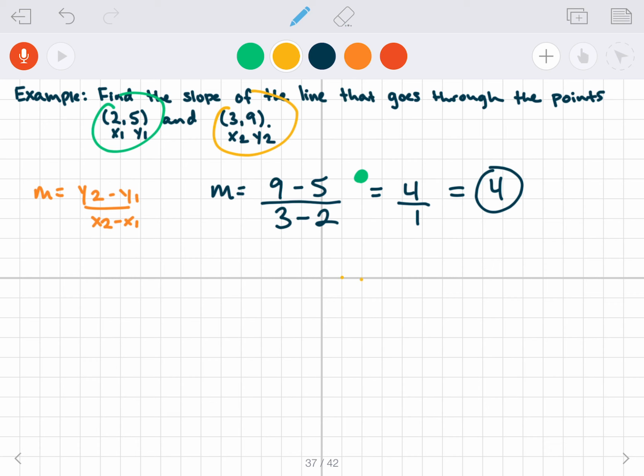So 1, 2, 3, 1, 2, 3, 4, 5, 6, 7, 8, 9, way up here. Okay, so those are the points. And if I do rise over run, I go up 1, 2, 3, 4, so up 4, and then I run 1. So that is plus 4 over plus 1, same thing as a formula.